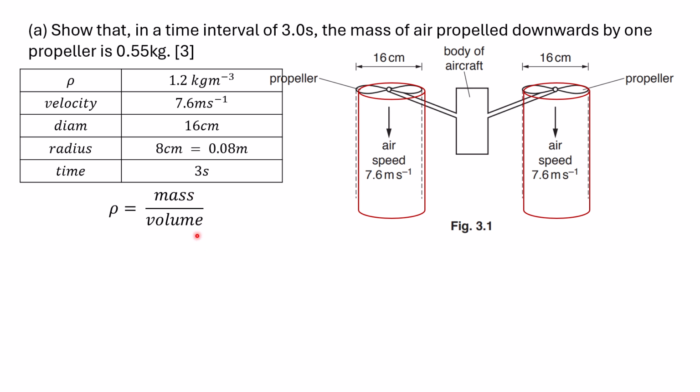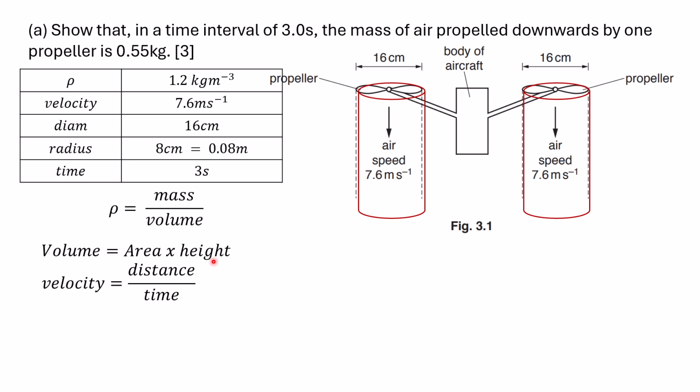It's mass over volume. Great, so I can calculate the mass. But the problem is I don't have the volume of this air column. To calculate the volume, remember this is a cylindrical shape. So the general volume formula is area times height. We can calculate the area, but we don't have the height.